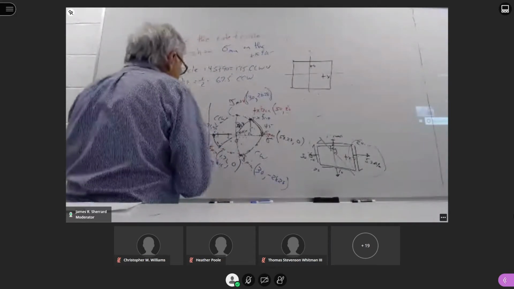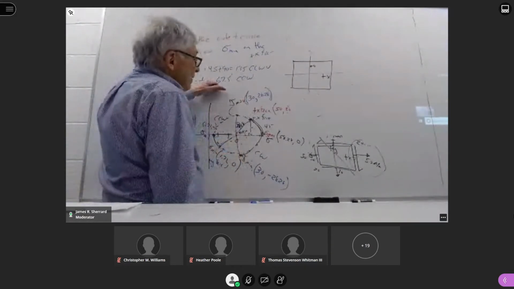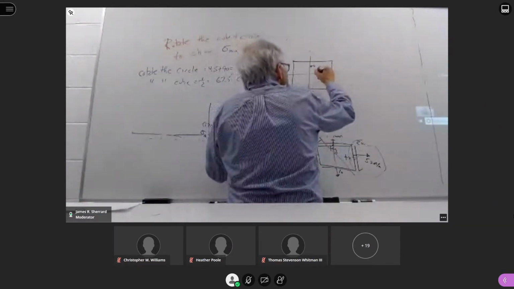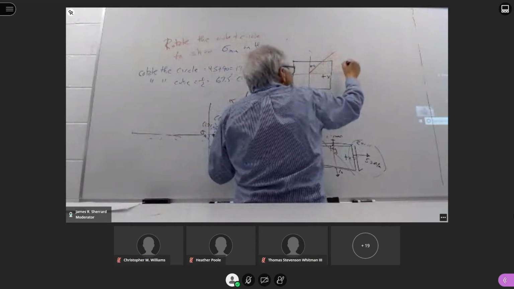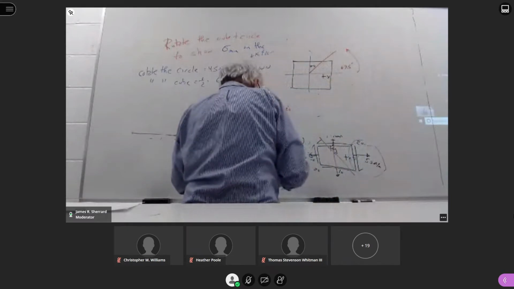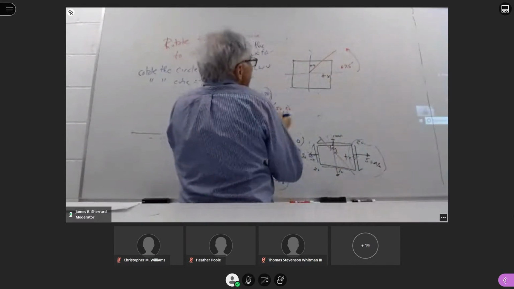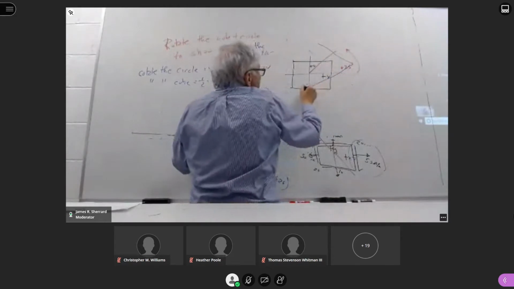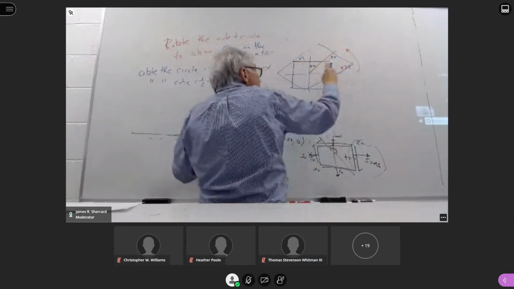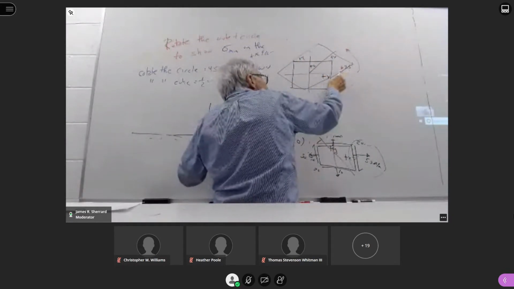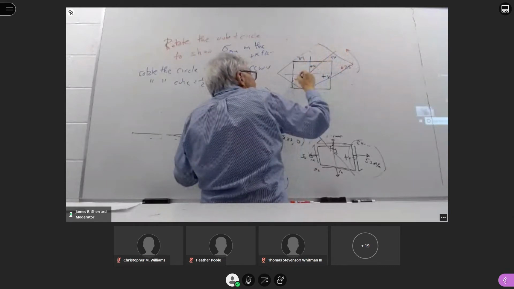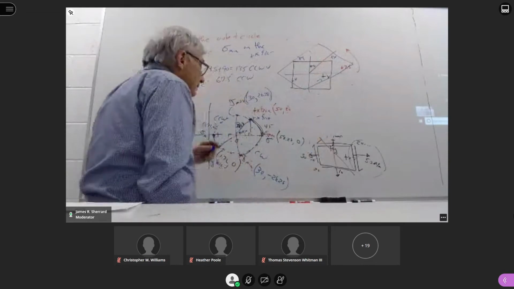So I've just found out that I have to rotate this plus x base 67.5 degrees counterclockwise. When I do that, this is my plus x base, this is my plus y base. I've rotated the plus x base 67.5 degrees up to here. The plus y face rotates to there. This is minus x, this is minus y.